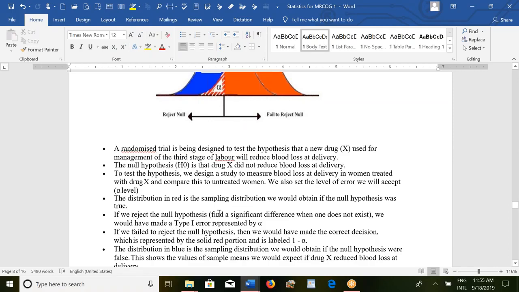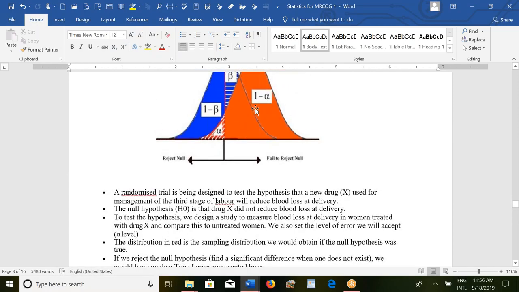So if we reject the null hypothesis and find a significant difference when one doesn't exist, we would have made a type 1 error, which is represented by alpha. If we fail to reject the null hypothesis, then we would have made the correct decision, which is represented by the solid red portion, and this is labeled as 1 minus alpha.